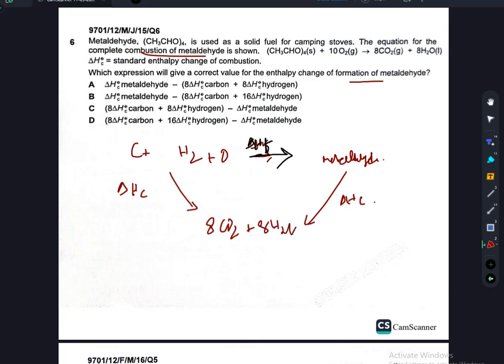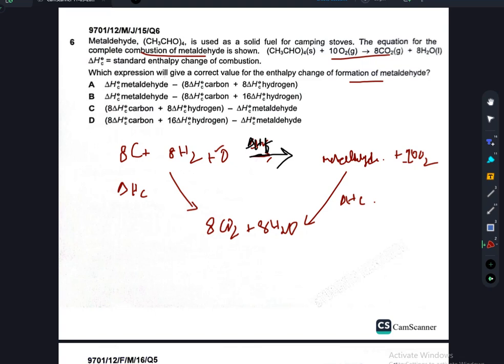Why have I added 8 and 8 here? Because this is the balanced chemical equation. You may also write 10O2 here for your understanding. In P2 you have to write it. In P1 it is not actually required. You only have to select the right answer. So I add 8 here according to the balanced chemical equation, and 8 here again, ignoring oxygens.